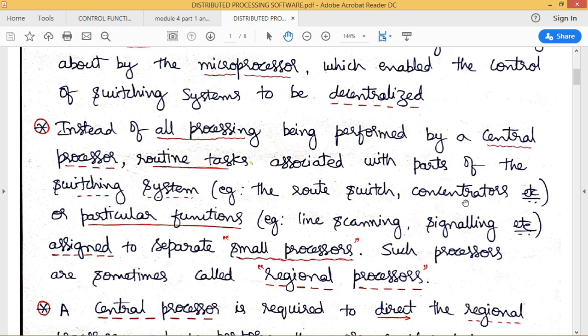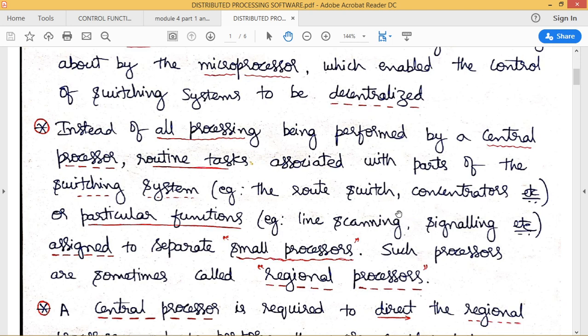We know the importance of concentrators. We also deal with particular functions like line scanning and signaling. Generally, line scanning is required when an exchange needs to know what servers or trunks are free at that particular time.